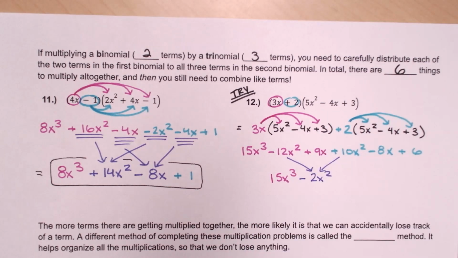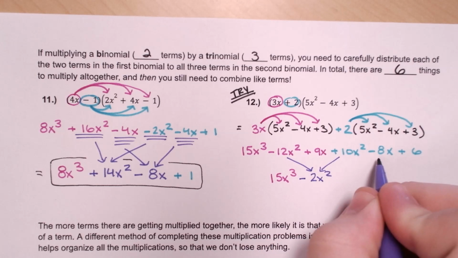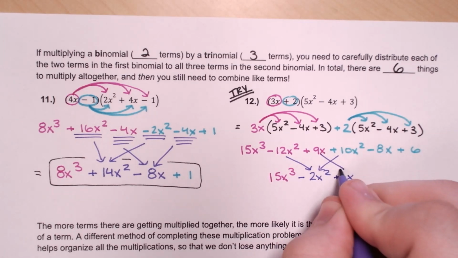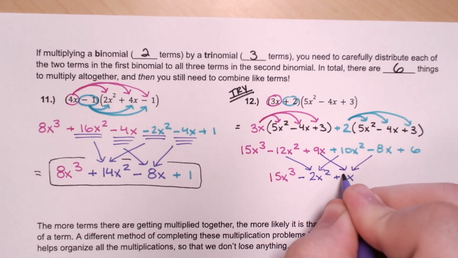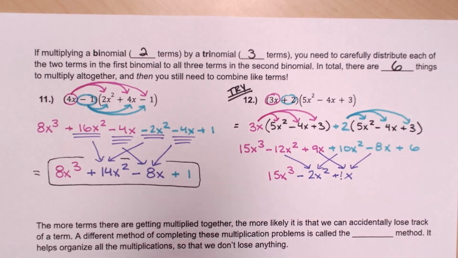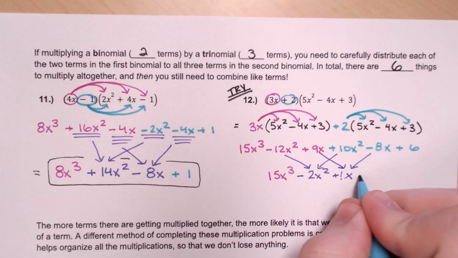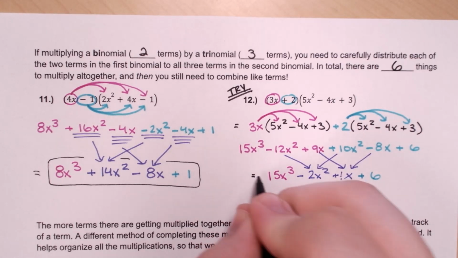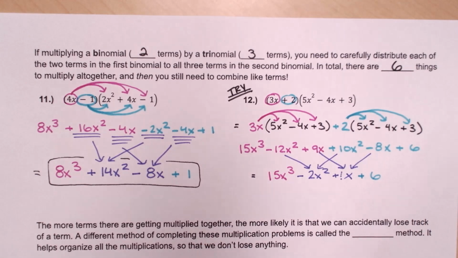I forgot to write the x there. Speaking of that 9x, 9x and negative 8x add to 1x. If you want to write that 1, you're totally fine to do so. And then carry on over the plus 6. So again, just make sure you catch up with my little mistake here.